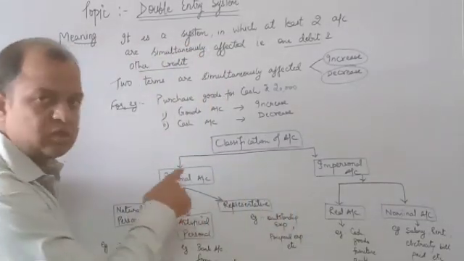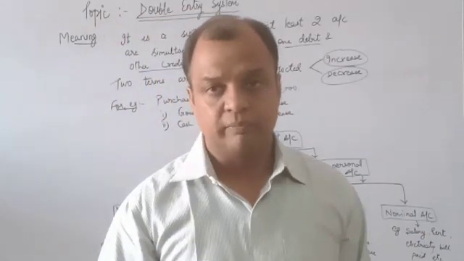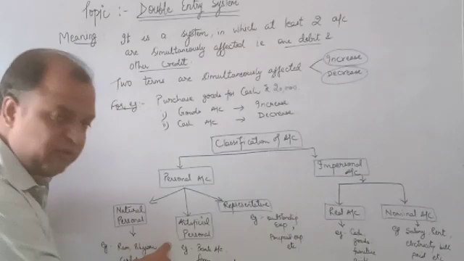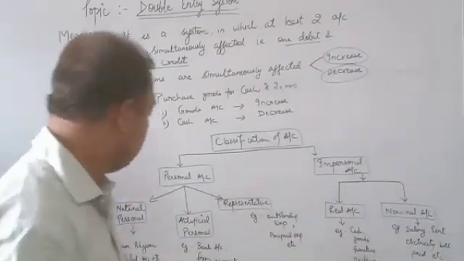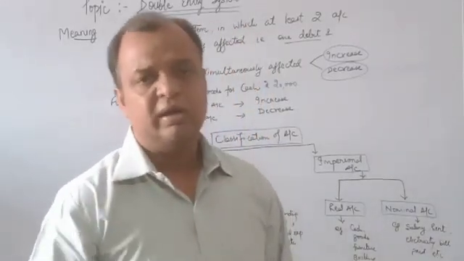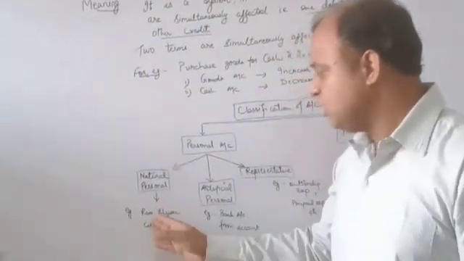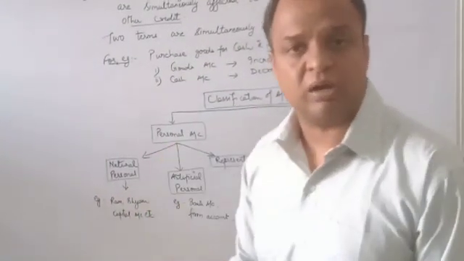Personal accounts are those accounts which affect an individual identity, whether a natural person, an artificial person, or a representative personal account. Now, what is a natural personal account? It is the name of an individual person. For example, the name of Ram, Sham.